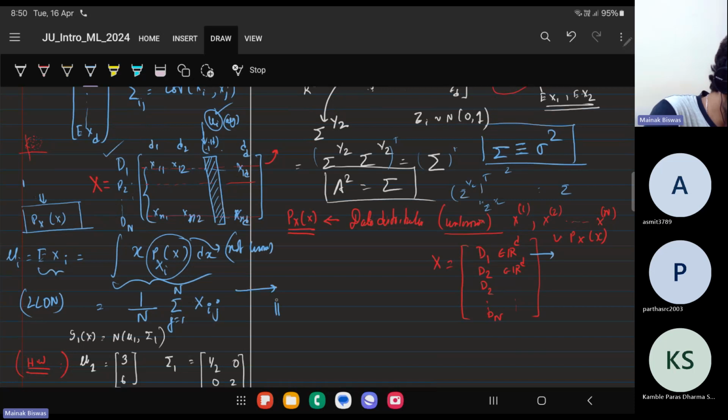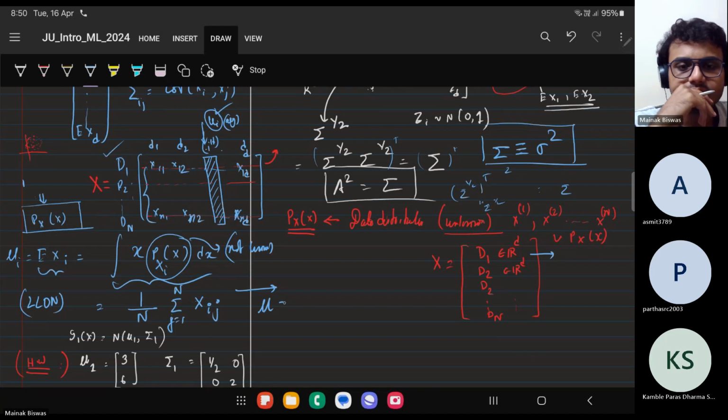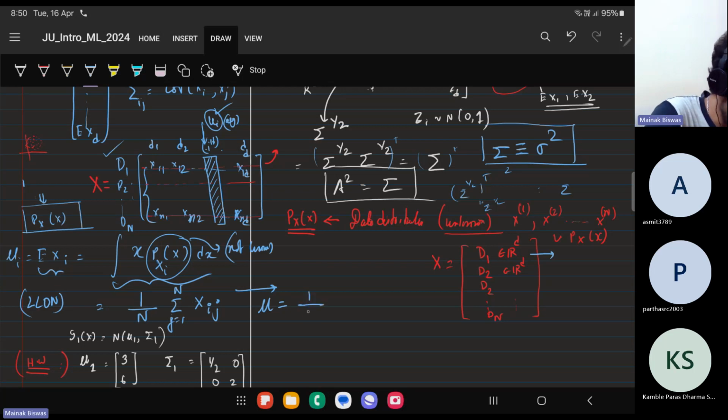So what would mu the vector be in matrix notation? This will be 1 by n summation of di, I equal to 1 to n.